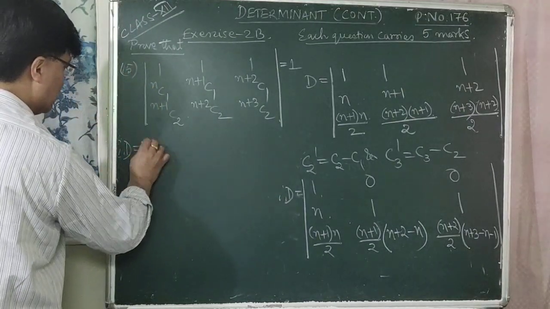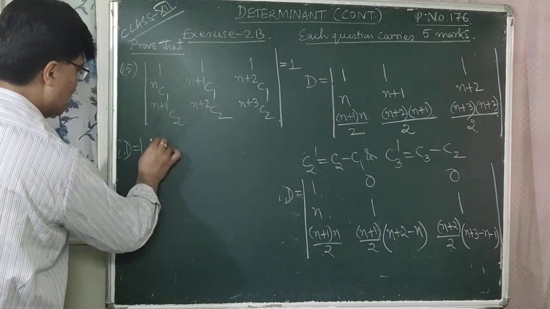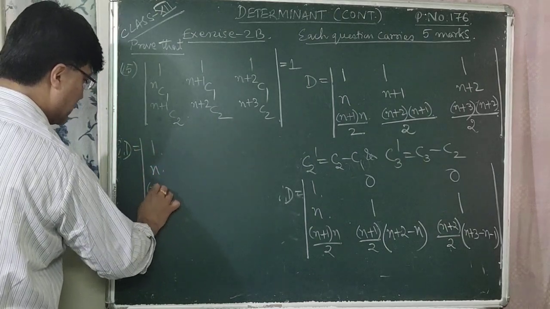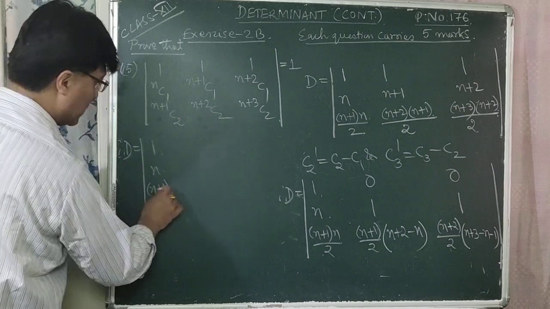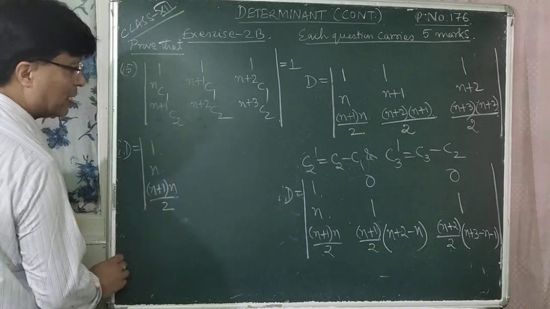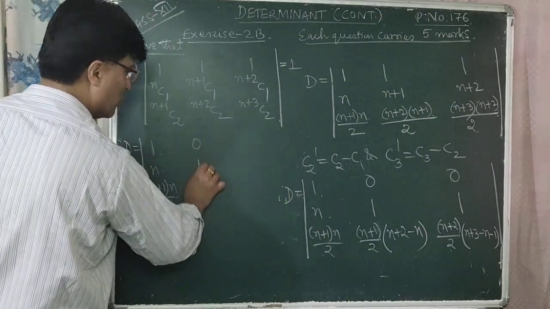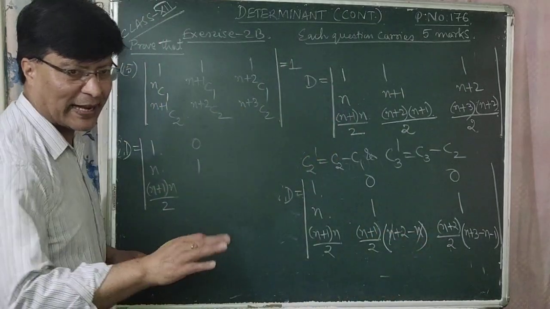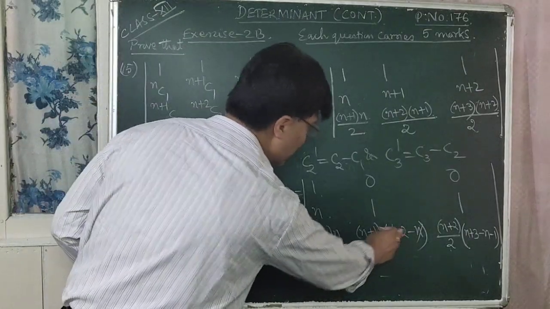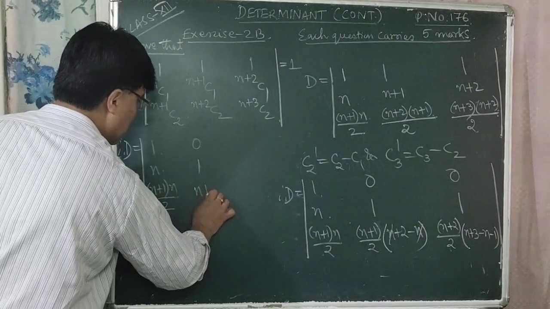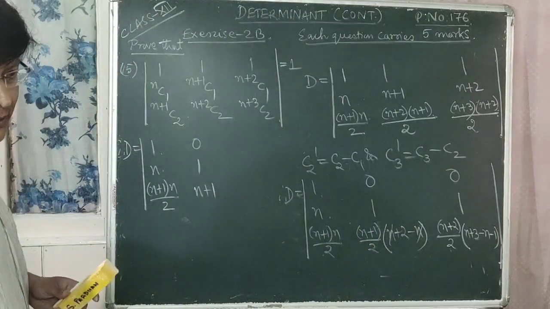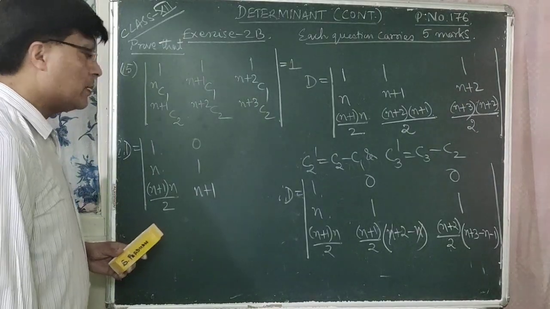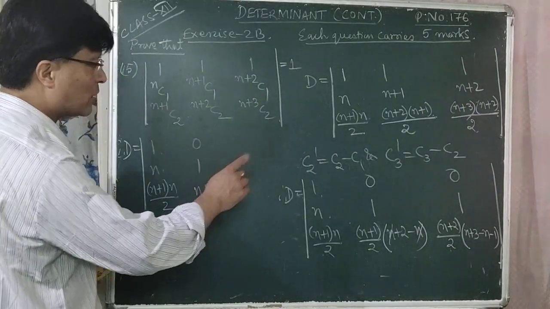Therefore D is equal to, now what is the first column? 1, n plus 1 into n by 2. This is 0, 1. How much is that? This n gets cancelled, and in the next step this 2 also gets cancelled. What do we get? It is n plus 1, right? So now next, what is the third column?